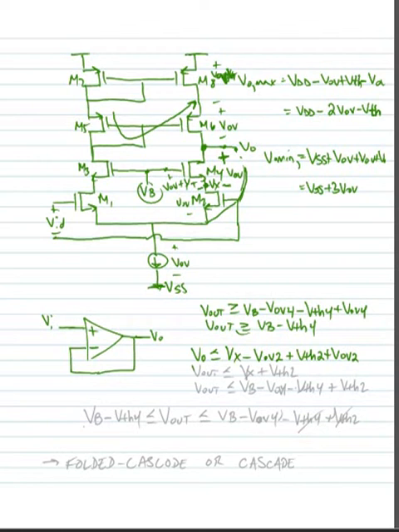So here I find that V out has to be less than Vx plus a VTH2. But I also know what Vx is. Vx is just equal to VB minus a VOV4 minus a VTH4 plus a VTH2.